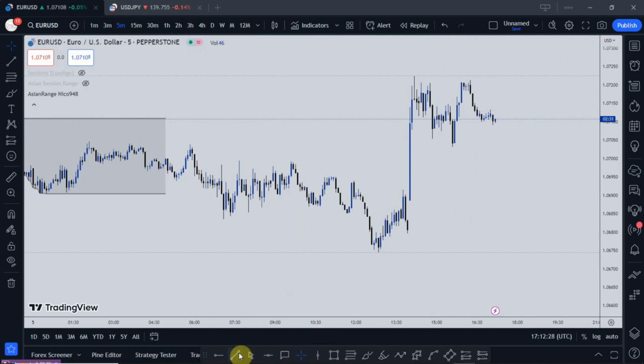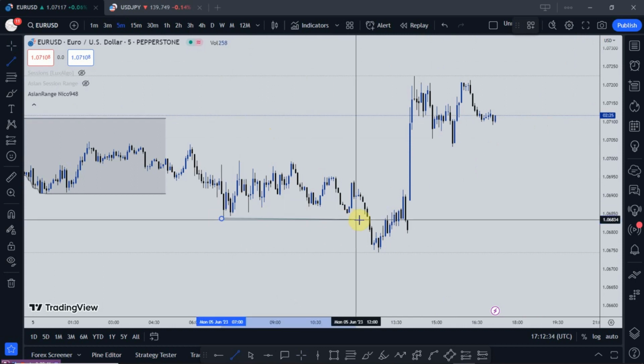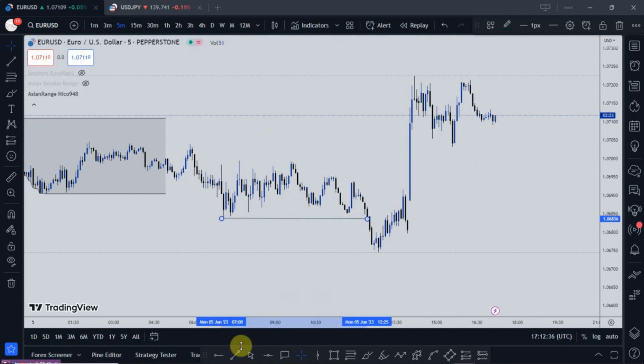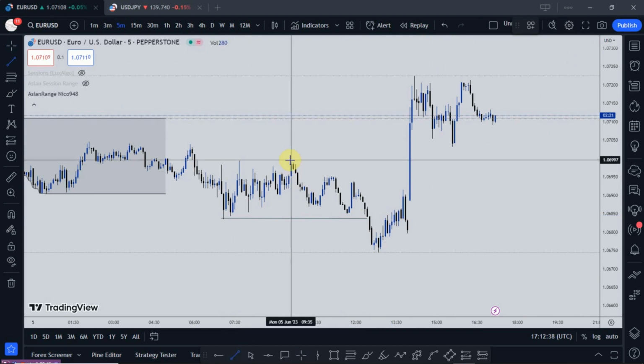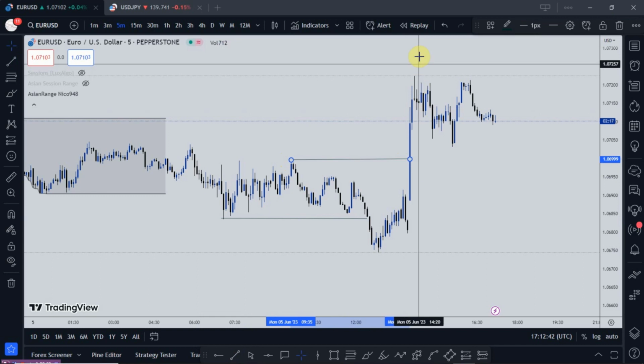So let's see. This is our lower low. Price took the high. This is our chalk.